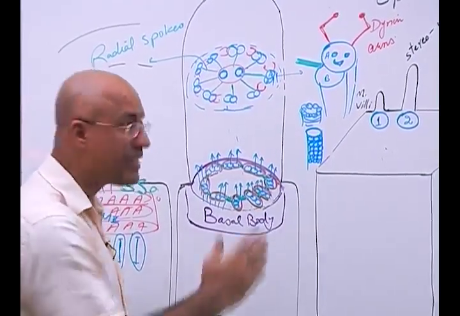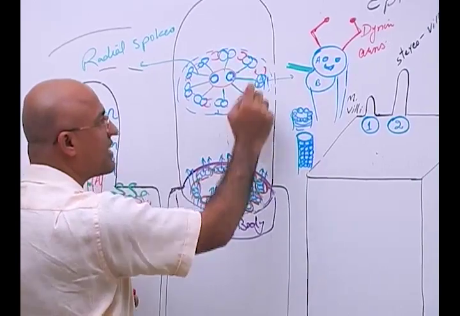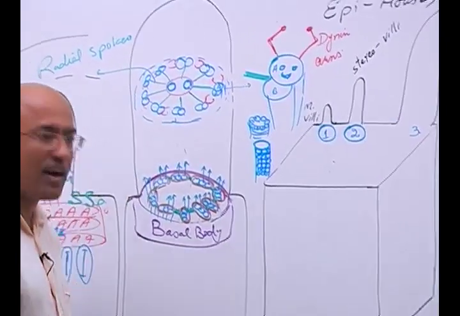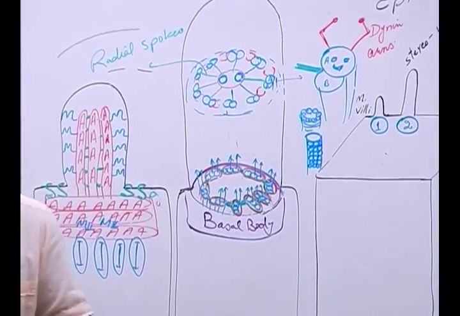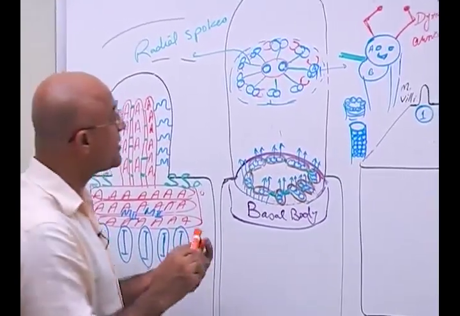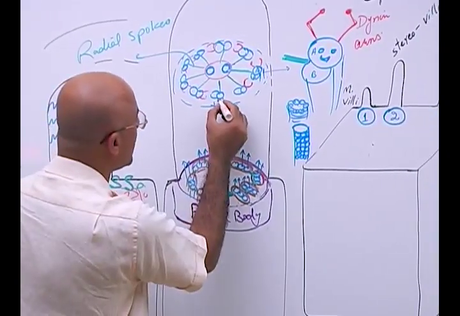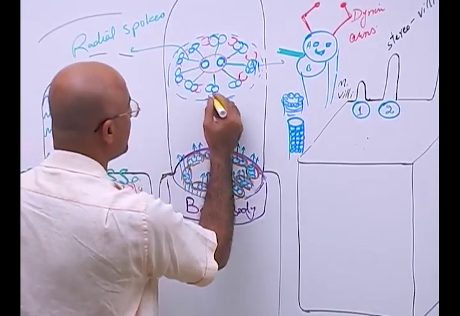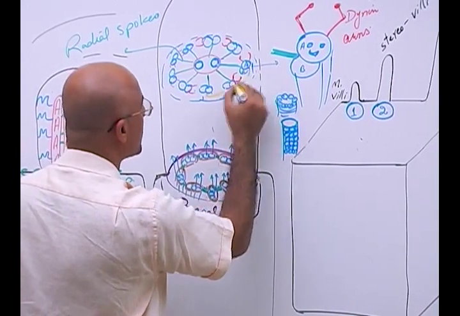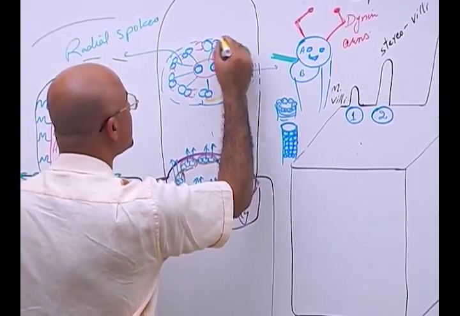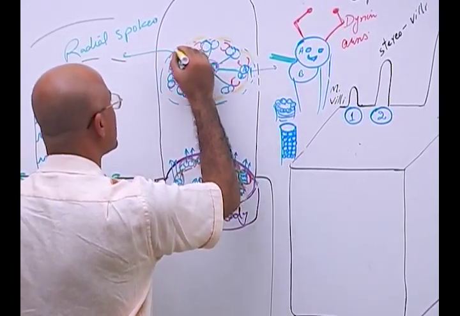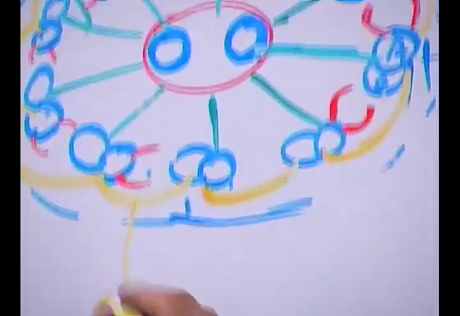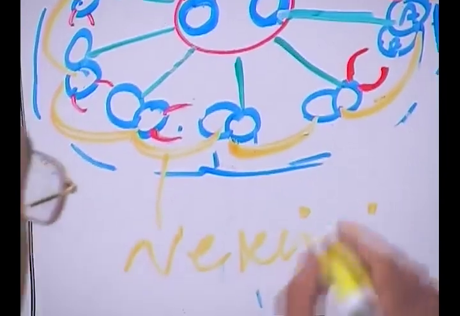The energy for the bending is derived from the breakdown of ATP by the dynein arms, right? And on the outer side, there are special proteins holding these doublets together. What are they called? Yes, these are nexins. Let's have a break.